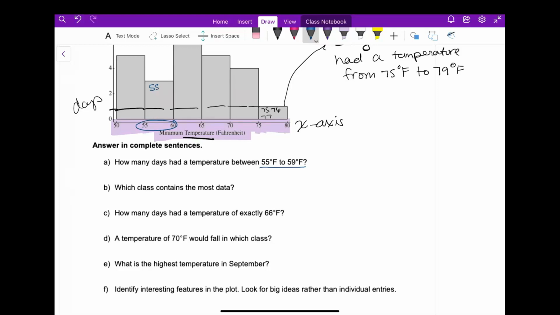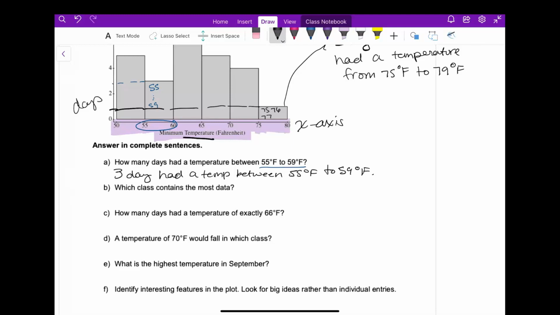This is 55 to 59. How many days? I think it's 3 days. Beautiful. I'm going to leave B to you because I think you can do it.